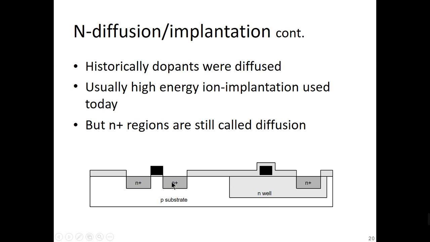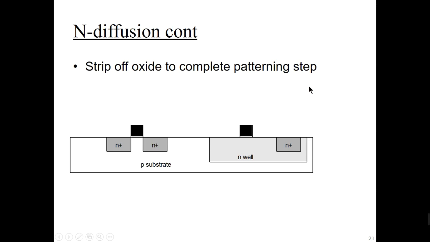This is N plus diffusion, and here N plus diffusion for the NMOS transistor, and this is the gate terminal, this is source, and this is drain. These are the three terminals of the NMOS transistor. Historically dopants were diffused, though high energy ion implantation is usually used today, but N regions are still called diffusion. Coming to the N diffusion, strip off the oxide to complete the patterning step. Here the entire oxide layer is removed again.